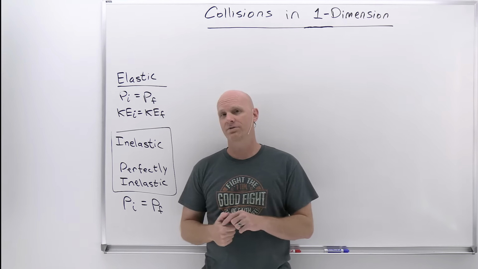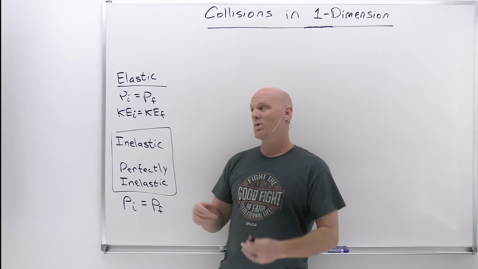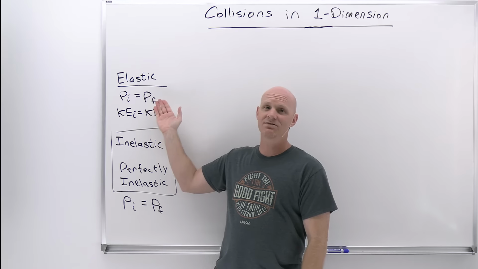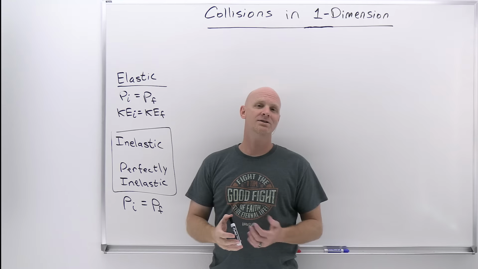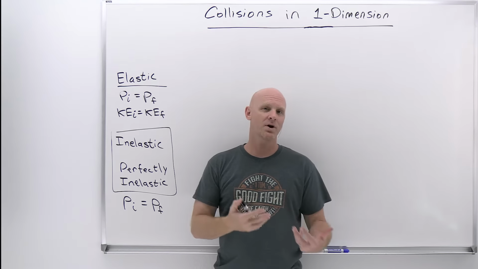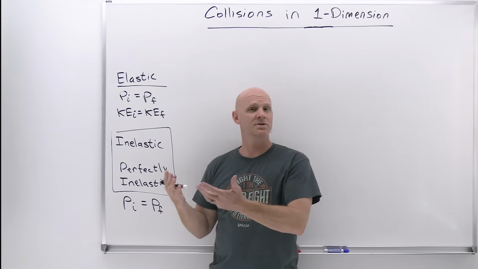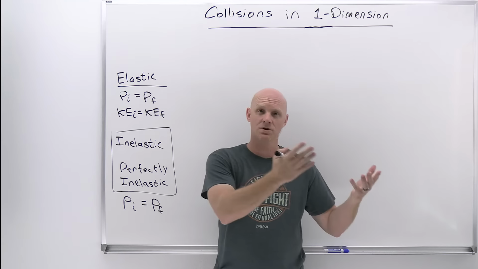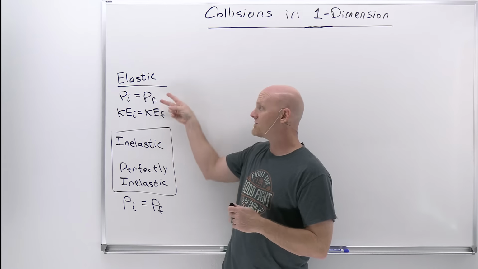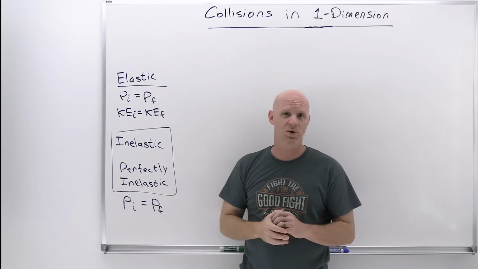What we'll find out though in 2 dimensions is that momentum, as we learned in the last lesson, is a vector. So in 2 dimensions, you're going to have to break it up into x and y components. You'll end up having momentum conserved in the x dimension and momentum conserved in the y direction, so you'll have 2 conservation of momentum equations.